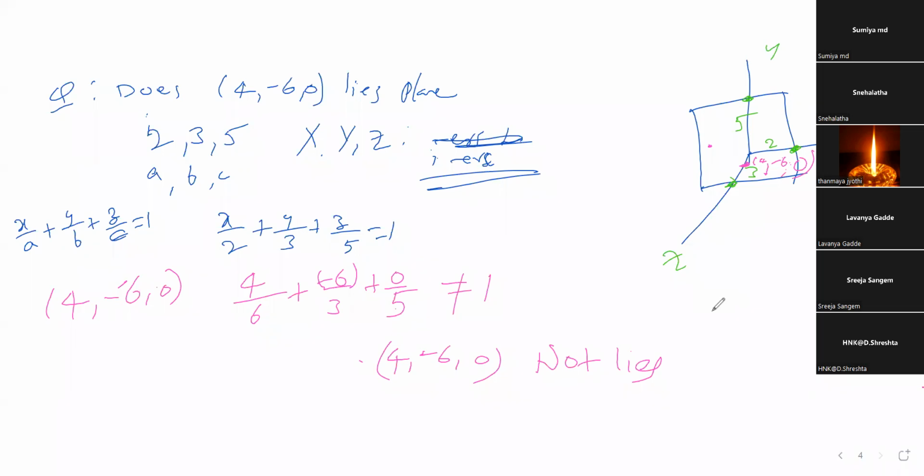But the other thing is, you should know the formula of the plane when intercepts are given. Since 2, 3, 5 are intercepts, this idea is important to solve this problem. The remaining you can easily check by substitution and verification. But from the given hypothesis, what plane equation to write is very important.